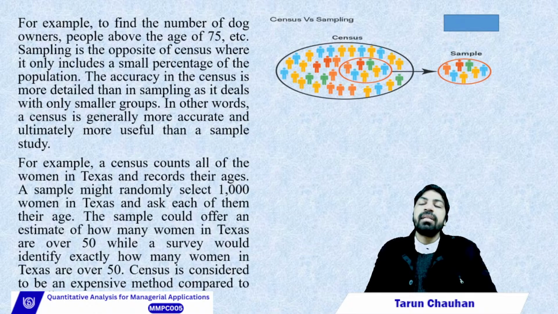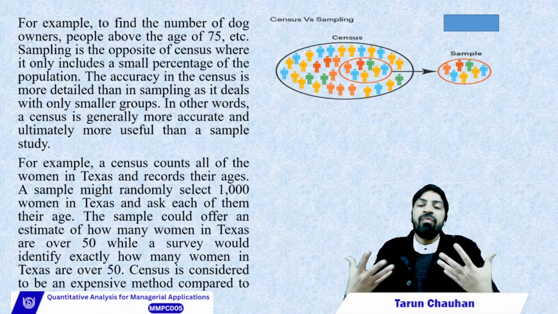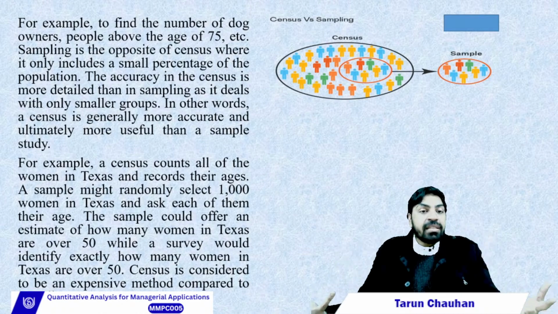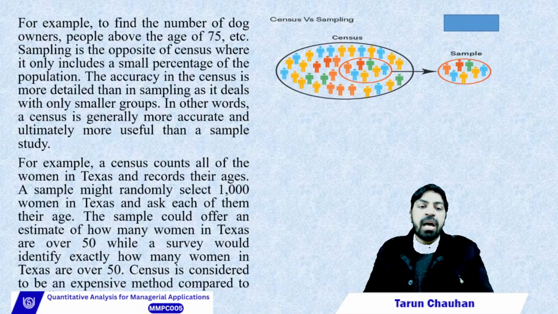So census is considered a more expensive method because every member has to be involved across different states or regions. So the investment is more, and more resources have to be used in the census method rather than the sample.